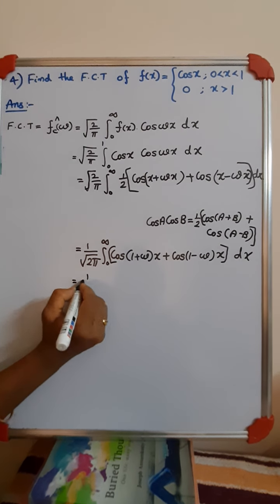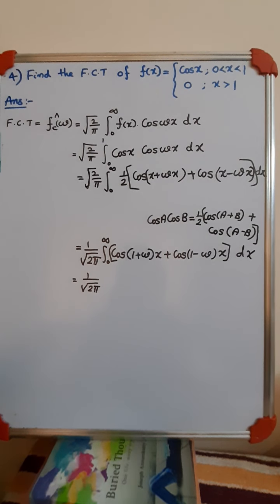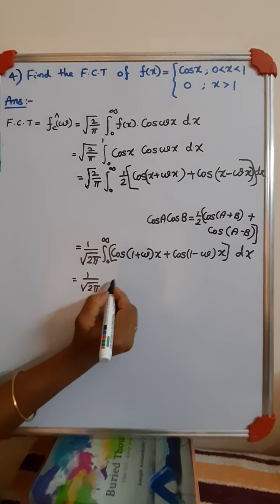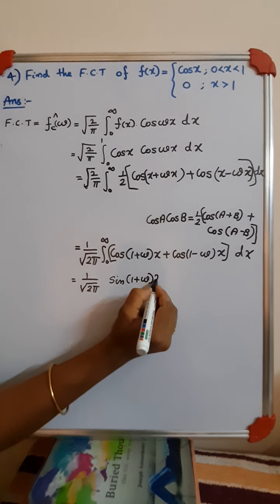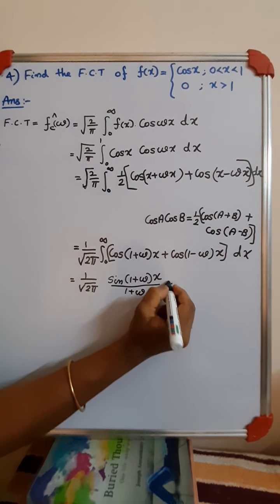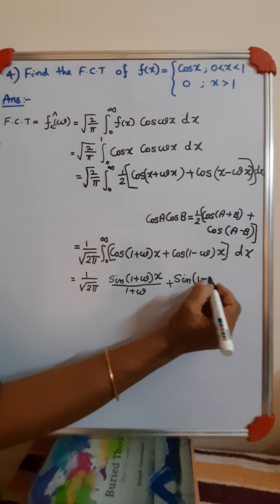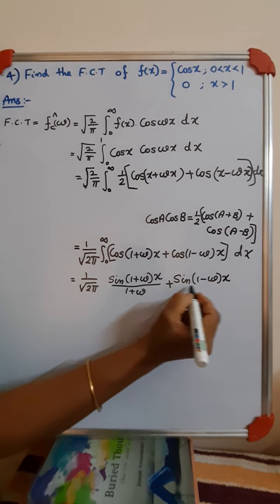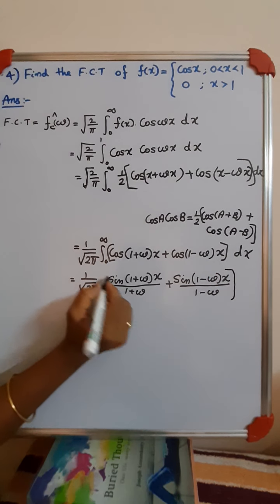That is equal to 1 by root of 2 pi. Then integrate with respect to x. Integral of cos is sine (1 plus omega) x divided by 1 plus omega, plus sine (1 minus omega) x divided by the coefficient of x, 1 minus omega, within the limit.